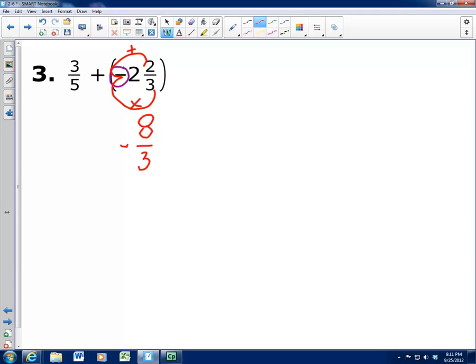Okay, now I need to figure out my equivalent fractions for that. So I'm going to go ahead and do my 3/5 underneath here. And I'm going to set that equal to something. And then I'm going to have my 8/3.